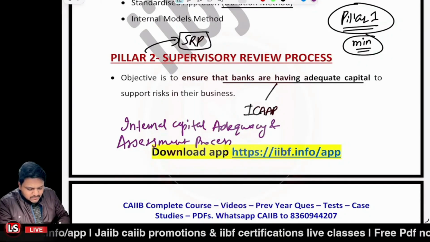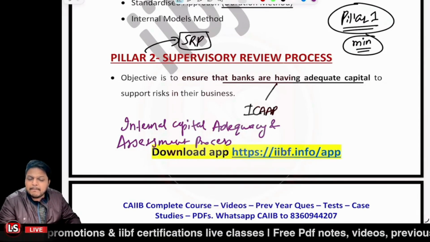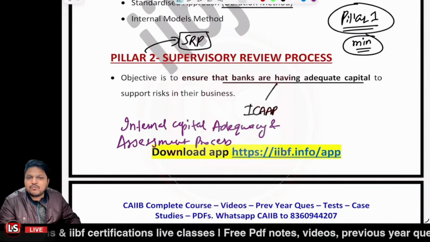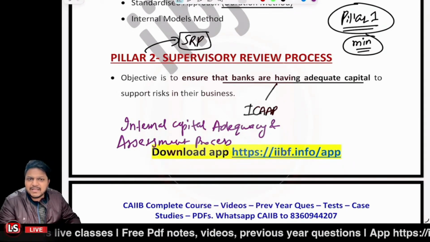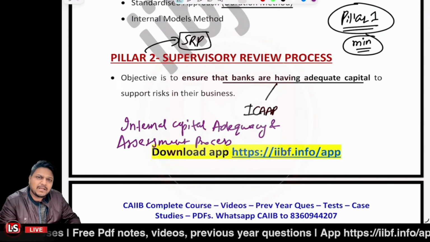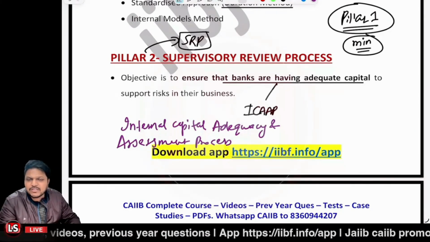It is a process followed by the regulated entity, the bank, to check whether we have adequate capital as per the risk we are taking, the bank profile we are maintaining, the product range we are offering, and the customers associated with us.